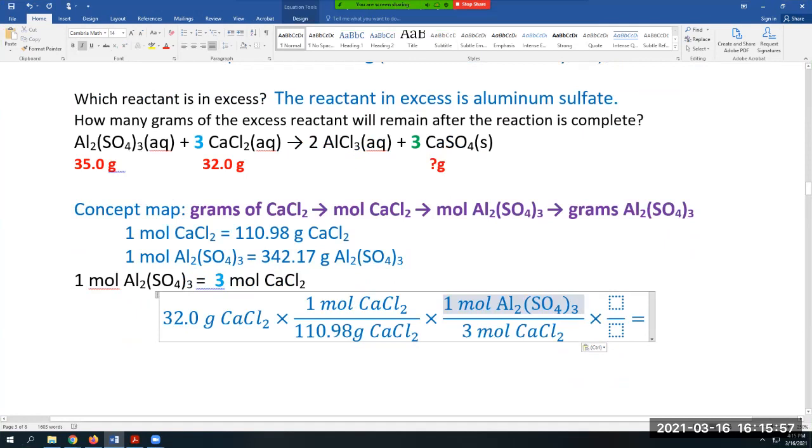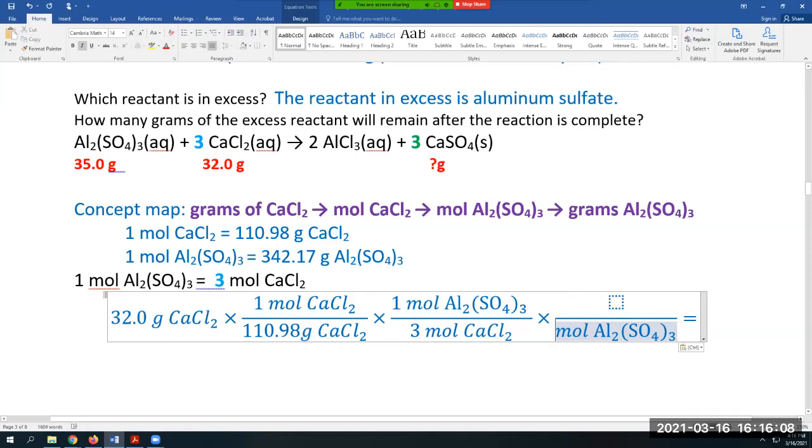The second conversion factor has the moles of aluminum sulfate in the numerator, so we need to cancel that unit in the last step. Moles of aluminum sulfate should be in the denominator of the third conversion factor. In the third conversion, we are changing the moles of aluminum sulfate to grams of aluminum sulfate, so we use the molar mass of aluminum sulfate.